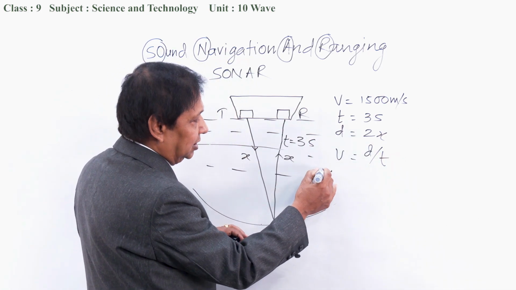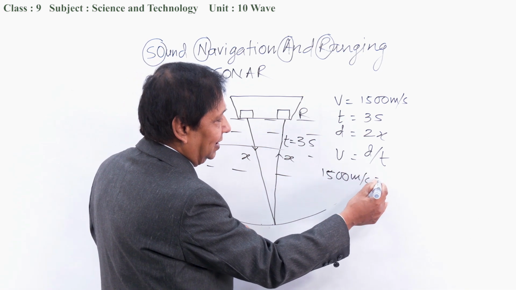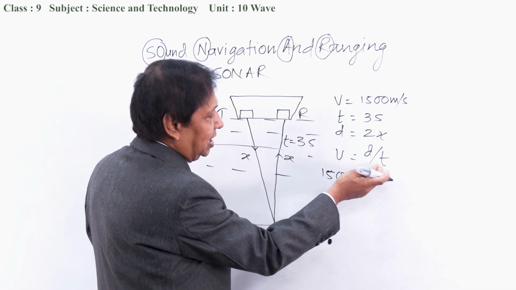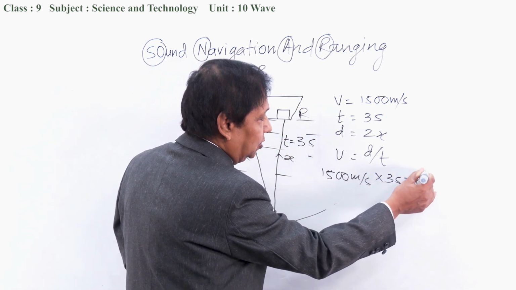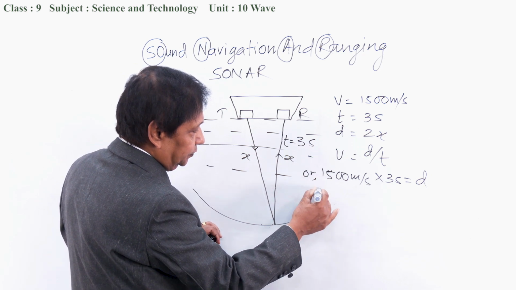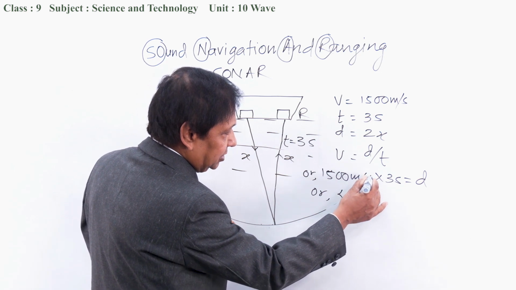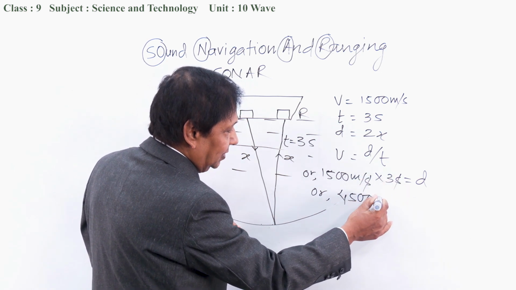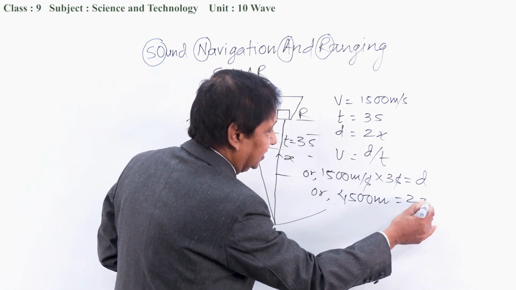How? This is 1500 meters per second, and if t is taken to the left-hand side, it is 3 seconds. 1500 times 3 seconds is equal to d, and this is equal to 4500 meters. Seconds cancel, 4500 meters, and the distance is 2x.